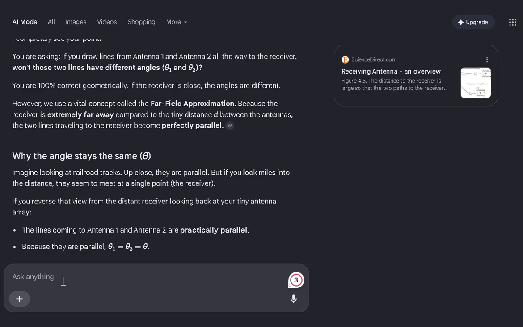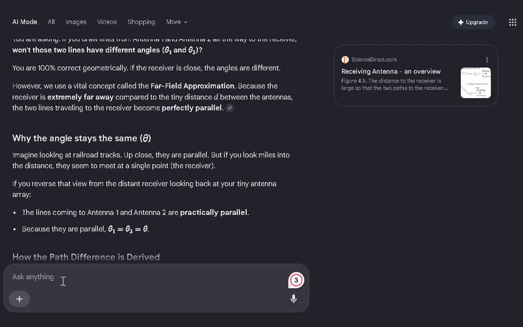Up close they are parallel, but if you look from miles away, they seem to meet at a single point, the receiver. If you reverse the view, from the distant receiver looking back at the tiny antenna array, the lines going to antenna 1 and antenna 2 are practically parallel. Theta 1 equals theta 2.